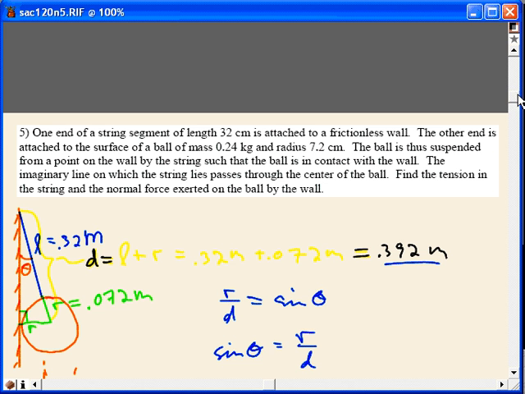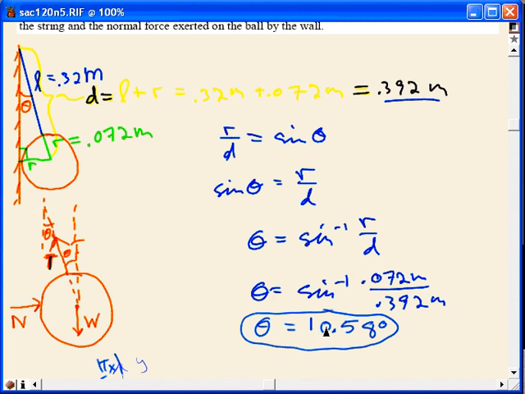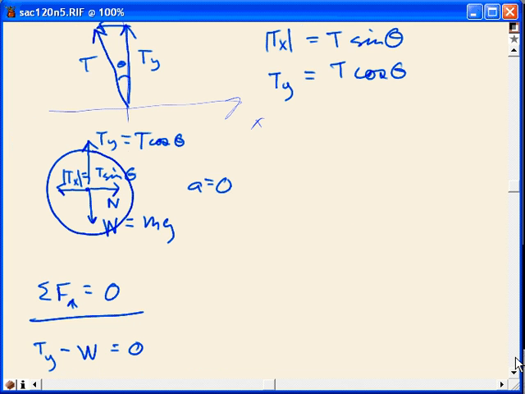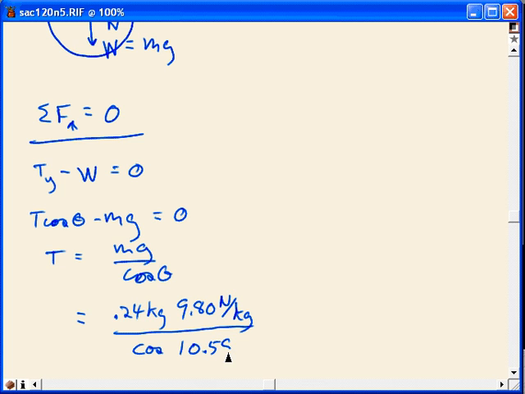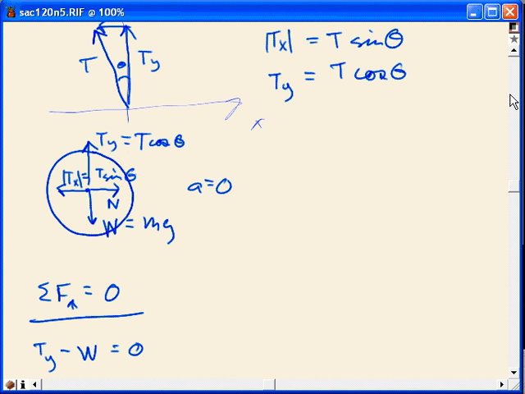We got, I guess, 0.24 kilograms, and this was 10.58. 0.24 kilograms times 9.80 newtons per kilogram, a gravitational force constant, all divided by the cosine. I think it was 10.58 degrees, but I do have to check.